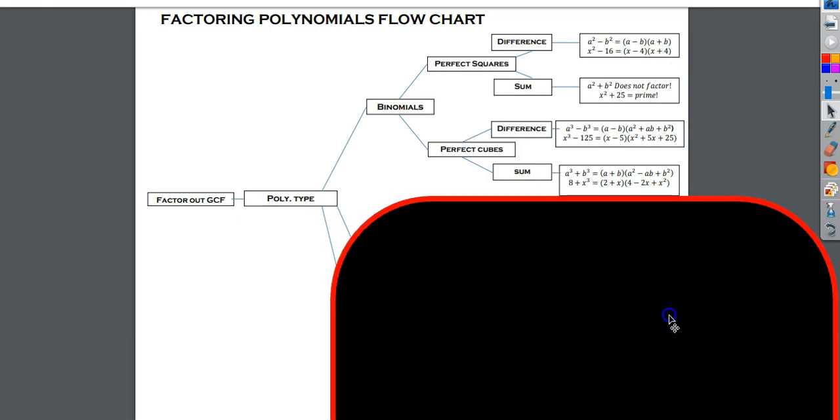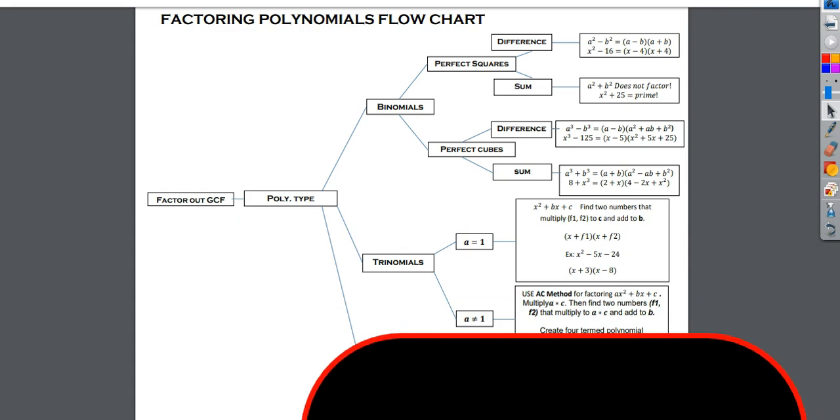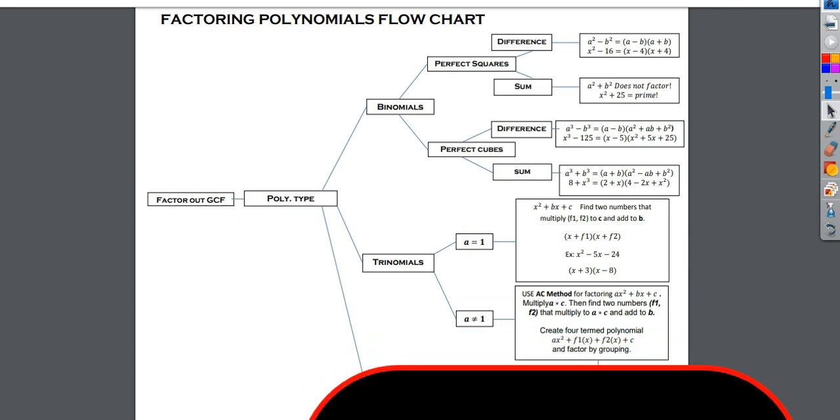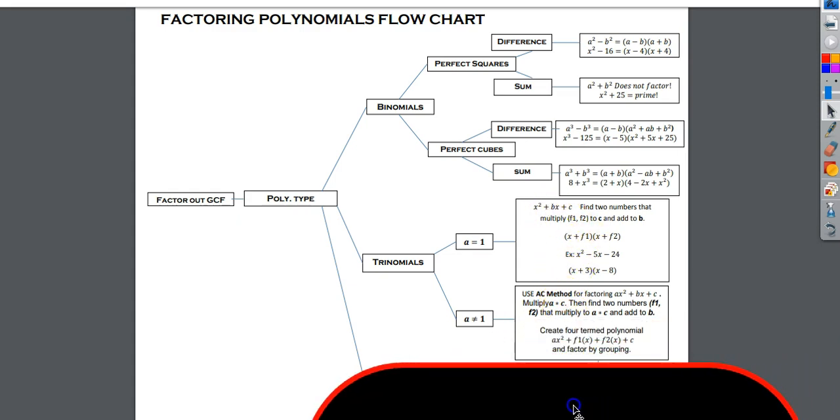Okay, so let's pretend like you look at it and now you say, okay, self, there is a trinomial here. What am I going to do? Well, when there is a trinomial, you have two options, which is the a or the x squared, remember the x squared, is it 1?